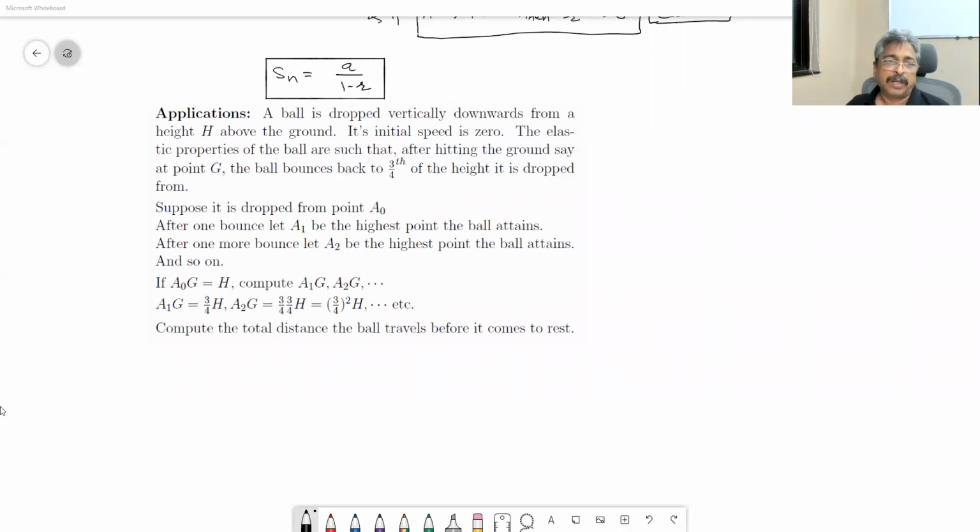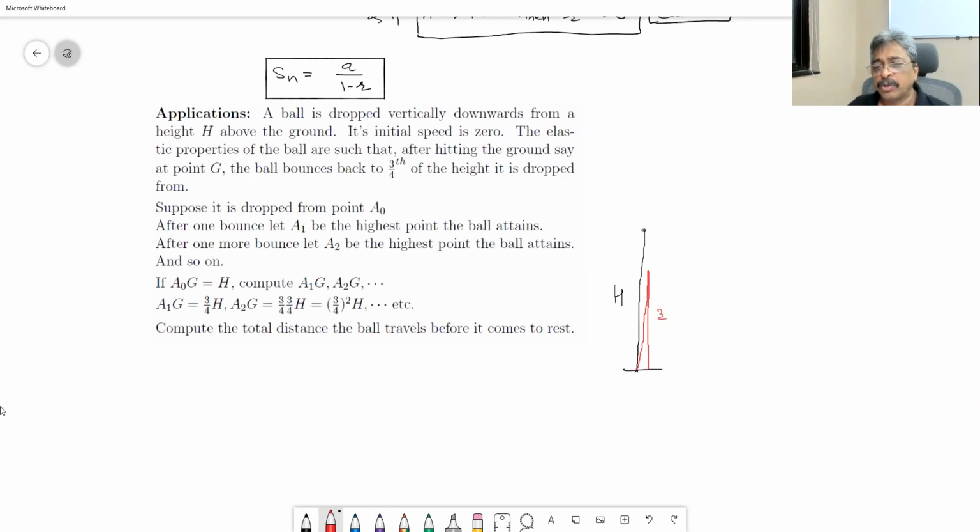It is very simple. From A0 dropping, it goes to ground. So this is your first H. Then it bounces back 3/4, and comes back again. Now it will happen exactly on the same point, but just to understand, I am doing it.